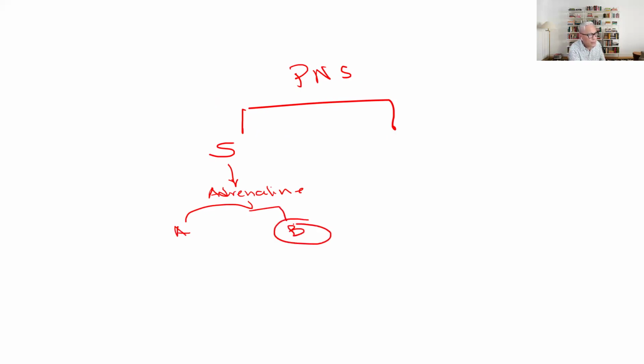And in the beta receptors, in B2 receptors, it causes bronchodilation. The parasympathetic nervous system, on the other hand, is going to be of two kinds, the muscarinic and the nicotinic receptors.